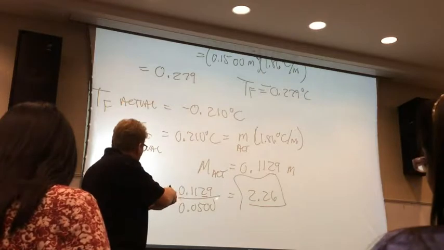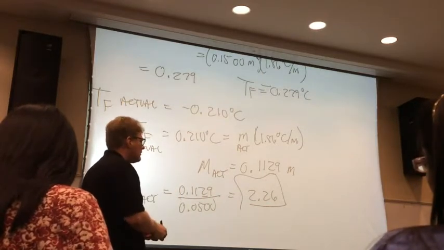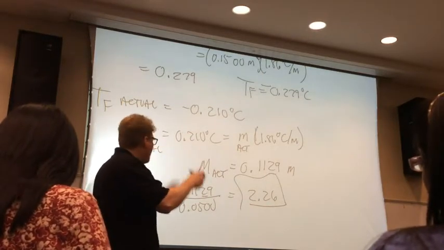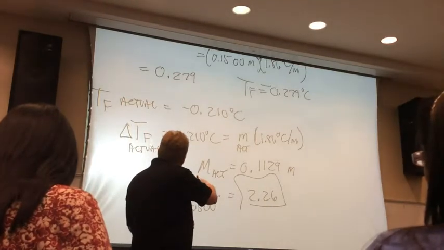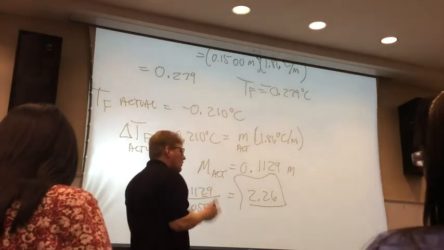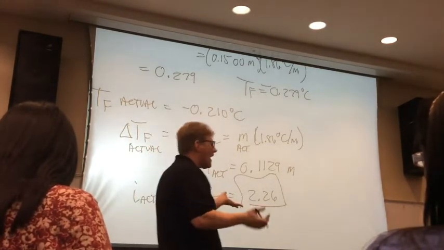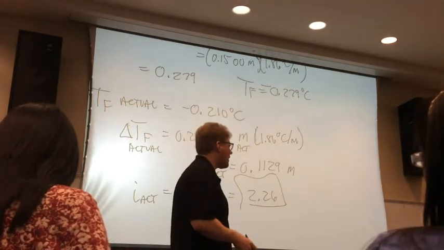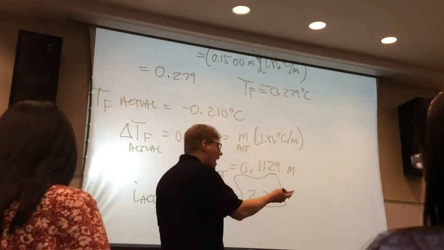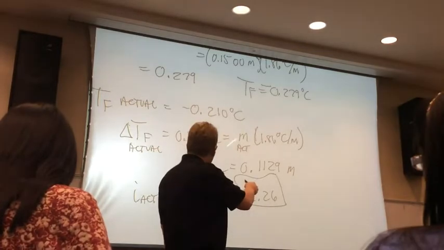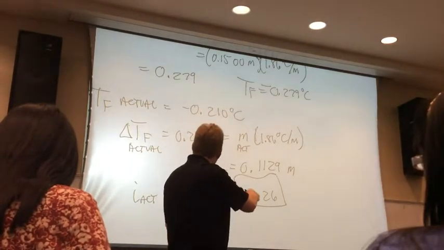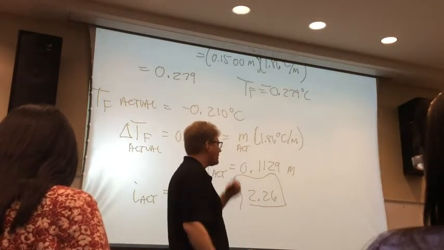So this number times that number is that number. Okay? But I break it apart. I like thinking that an actual delta T gives you an actual molality. And now I can go back and use that and figure out what I want to do with it. If I want an I, then I just divide that actual molality by an undissociated molality, and I get it. Okay?